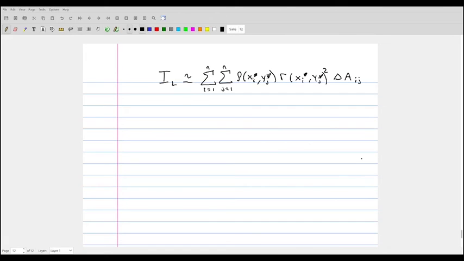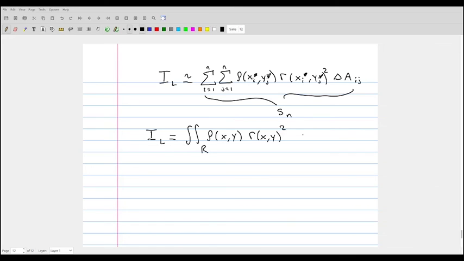And as the partition gets finer and finer, and this is our Riemann sum, Sn, IL is exactly going to be equal to the double integral over the region R of the density function times the distance to the point xy in the region R squared dA. This is our general formula for IL.